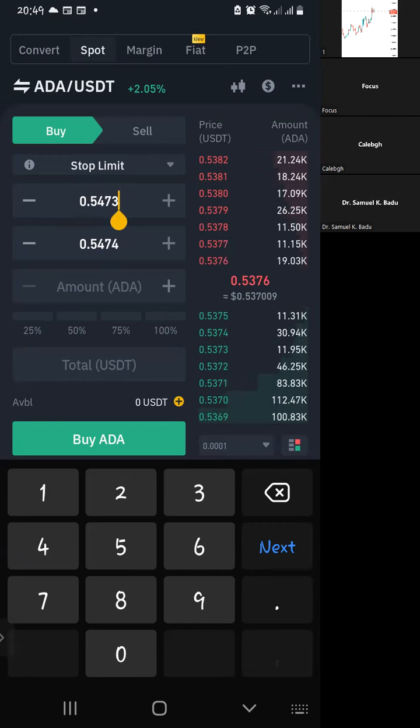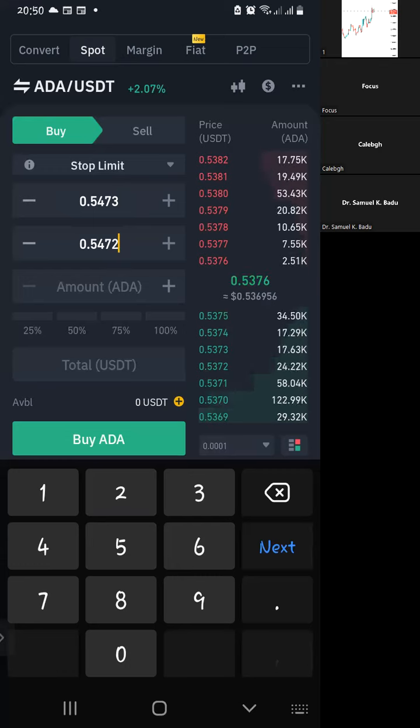It will still execute. If it was on a downtrend and I wanted it to buy when it drops to a certain price, then I could have made this one slightly lower than my stop. But if you put the same price, it will still execute at your satisfied condition. Okay. All right. So please, is this clear?